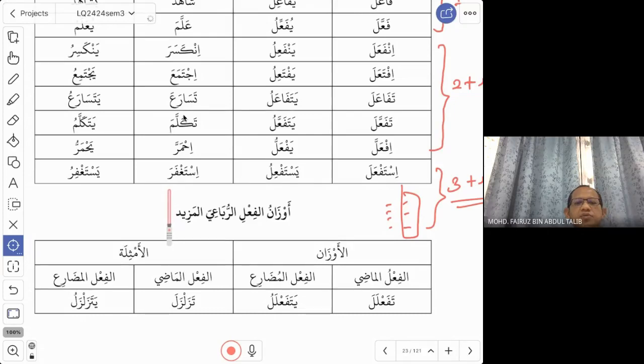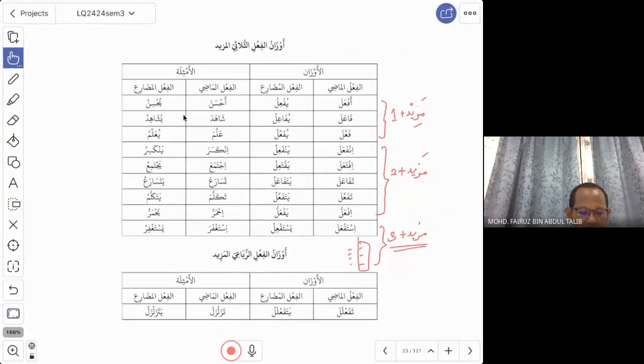Istaghfara means to seek forgiveness. The mudari of istaf'ala is yastaf'ilu, so yastaghfiru. We don't say yastaghfaru because you follow the wazan. Exactly. Yastaghfiru.